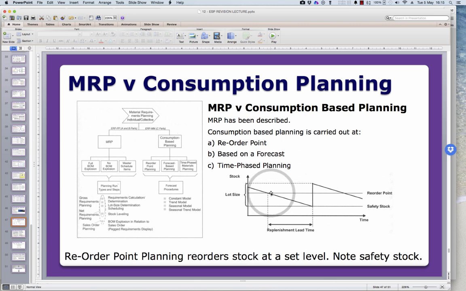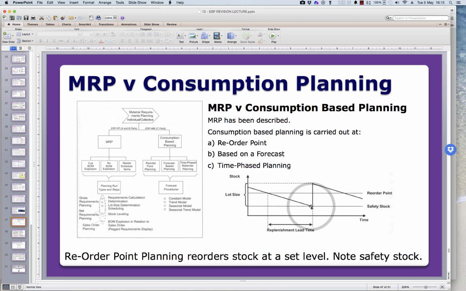And then if the stock keeps falling, supposing there was some kind of crisis and this replenishment lead time became much bigger, then eventually this line, which is the stock level, would get down to the safety stock level. And what you're trying to do is have the replenishment made before you get down to safety stock, or ideally right at the point when you did.